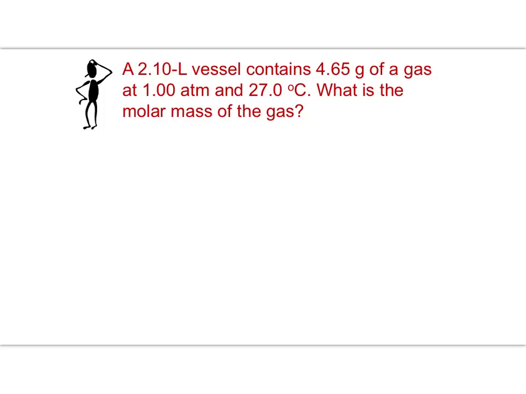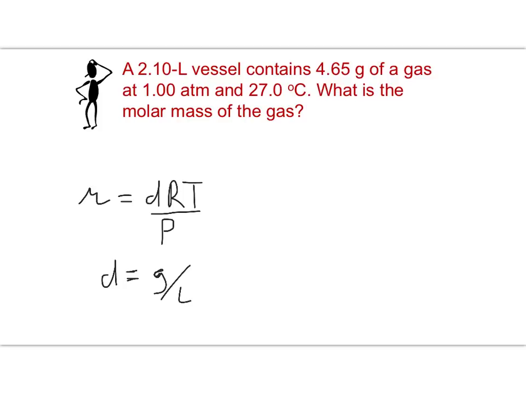This particular question: a 2.10 liter vessel contains 4.65 grams of a gas at 1 atmosphere and 27 degrees Celsius. What is the molar mass of the gas? Recall, the molar mass of an ideal gas is equal to dRT over P. We know that density for gases is measured in grams per liter.